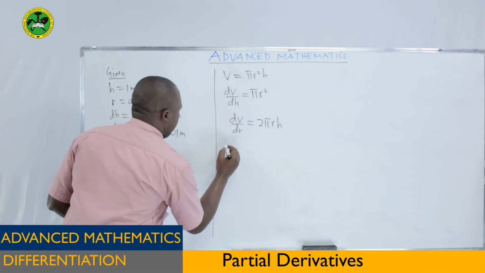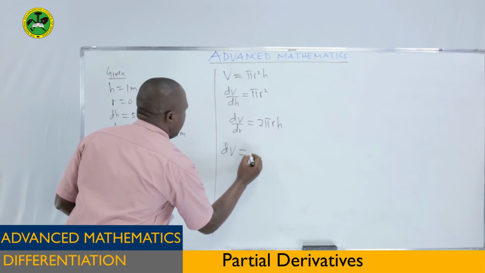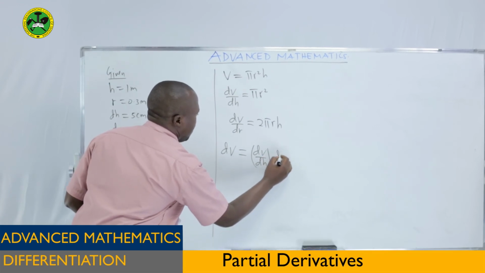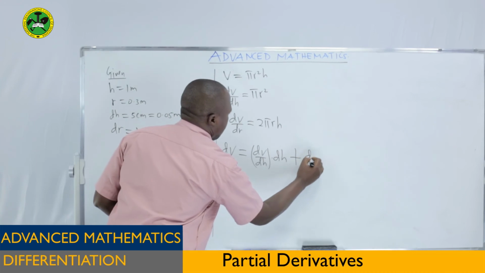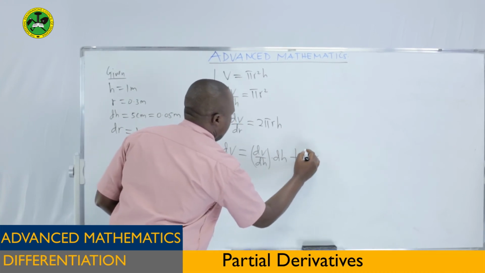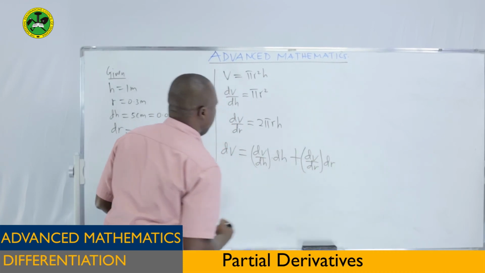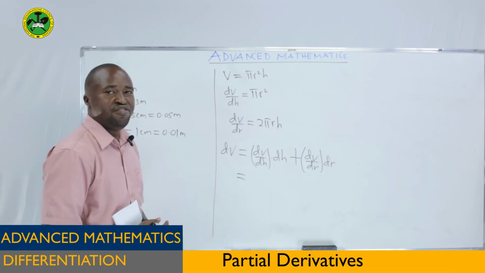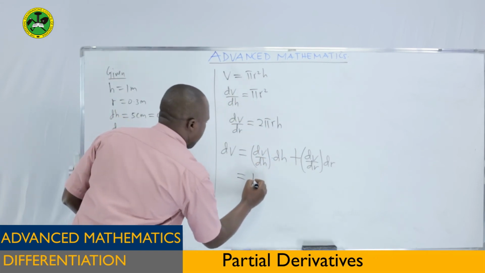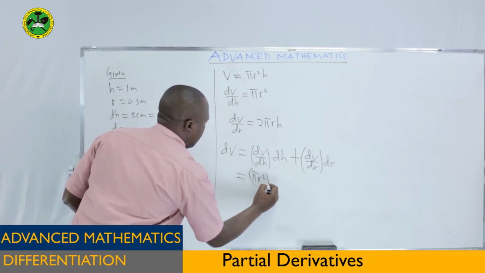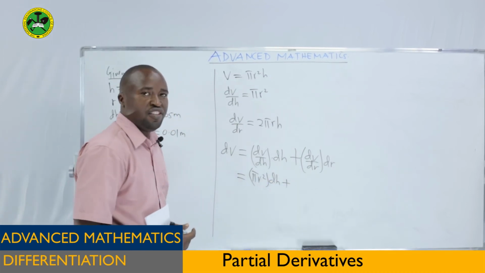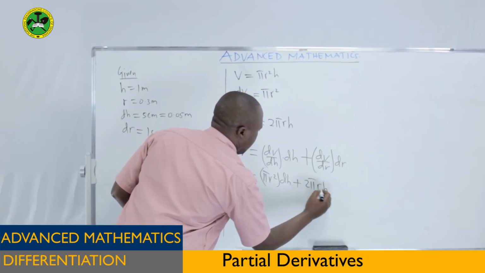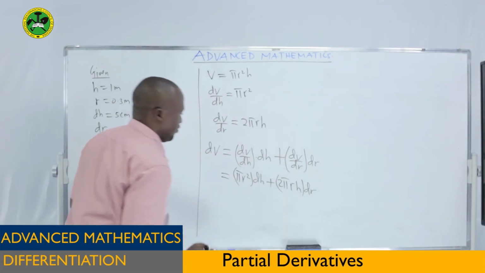Now for dV, we know that dV is the same as dV dh times dh, plus dV dr times dr. So in this case, dV is equal to pi r squared times dh, plus 2 pi rh times dr.